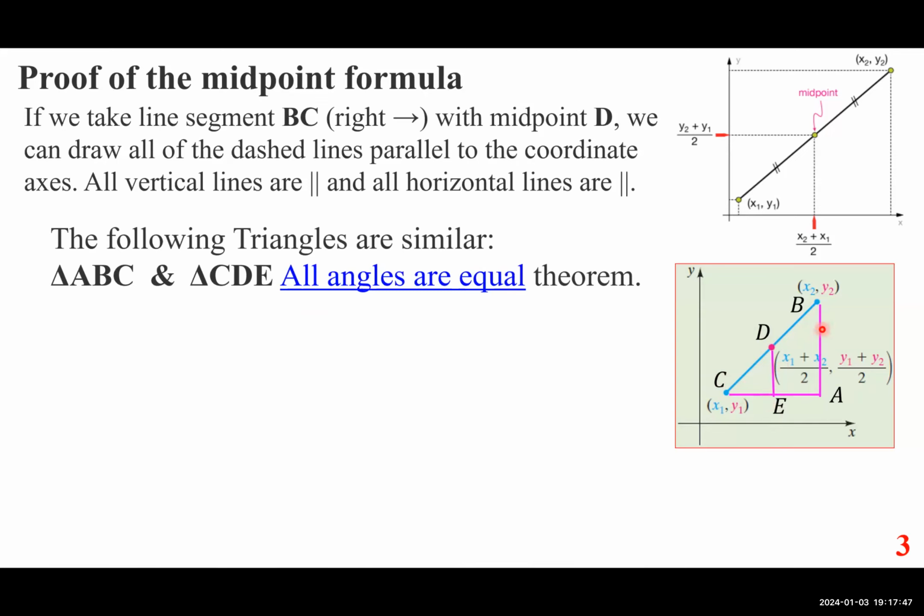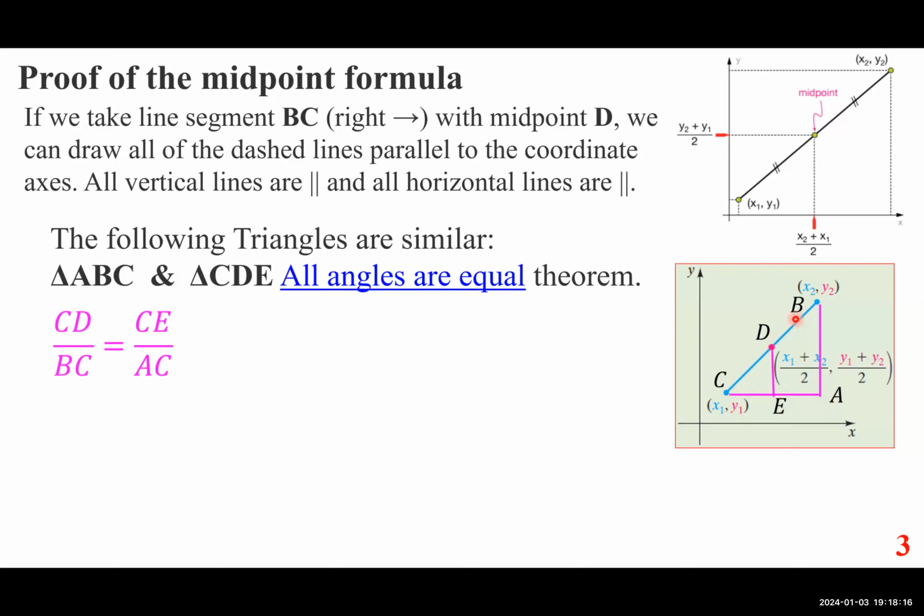And so if this is the case, similar figures, remember, corresponding angles are equal, corresponding sides are in ratio. So we can write CD over BC is the same as CE over AC, as an example.